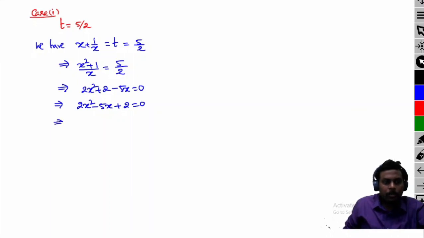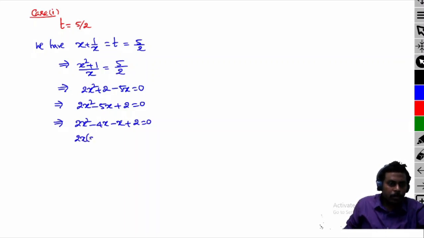Now of course we can factorize it. So this implies it is 2x minus 1 into x minus 2 is equal to 0.